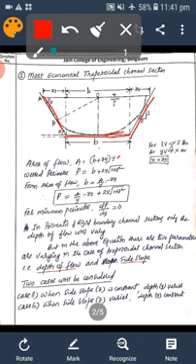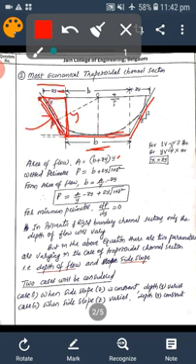So here B, as you know, is the width of the channel section. Then how does 2Y root of 1 plus Z square come? See, this is ZY, this is ZY, and this is Y. This angle is 90 degrees, and this side is the hypotenuse.